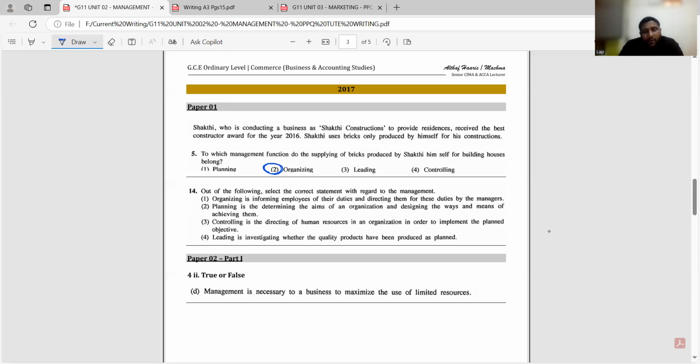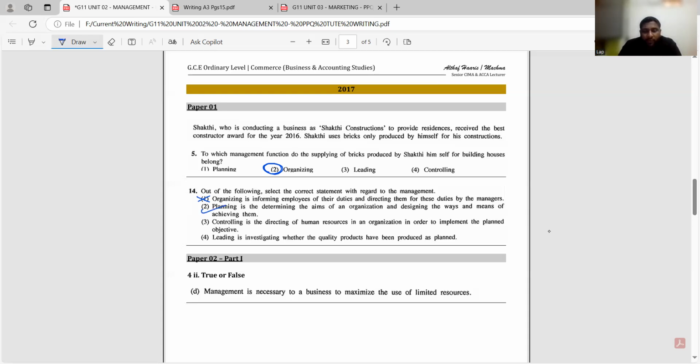Out of the following, select the correct statement regarding management. Organizing is informing employees of their duties, directing them. No, this is leading. Planning is determining the aims of the organization and designing the ways and means of achieving them. Yes, that is planning. This is correct.